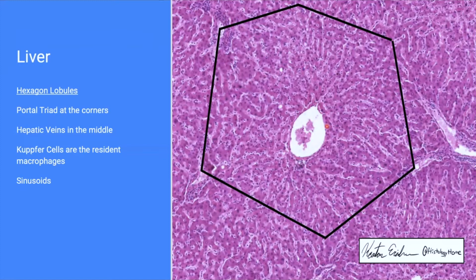So stellate or Ito cells, hard to identify on a histologic sample, but I don't want you to just forget about those cells. So those cells act as vitamin A storage, and then also respond to inflammatory signals to initiate the fibrosis process. All right, that's liver.